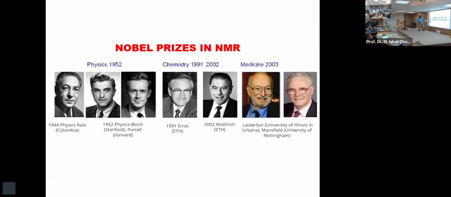And Professor Richard Ernst, who was a friend of ours, who came to this institute multiple times, a Nobel laureate. Richard has also written the foreword of our book. If you see the book, the foreword was written by Professor Richard Ernst. And he was from ETH, Switzerland.